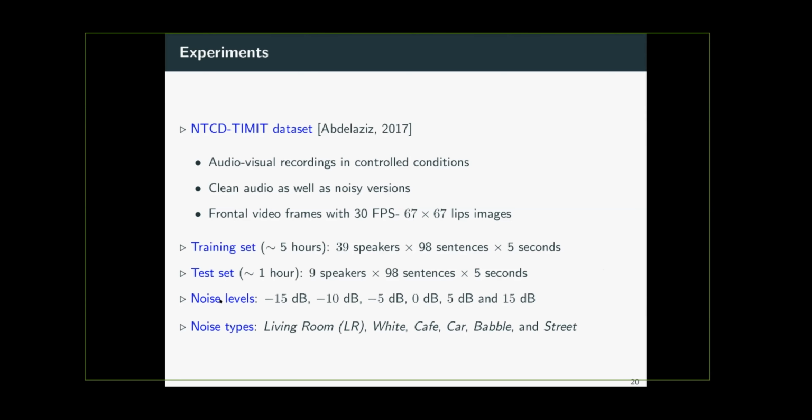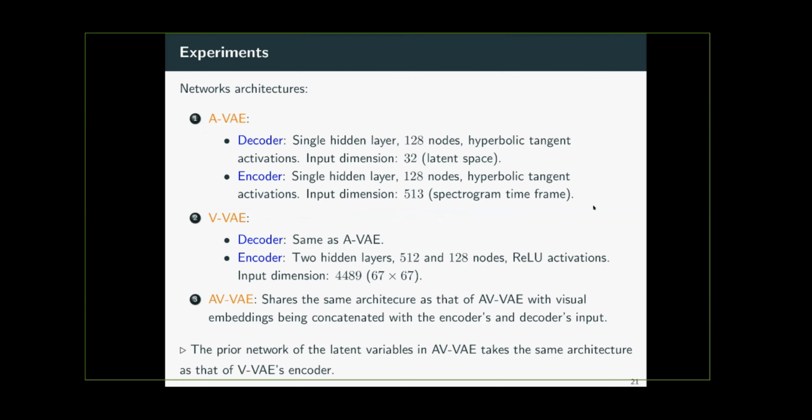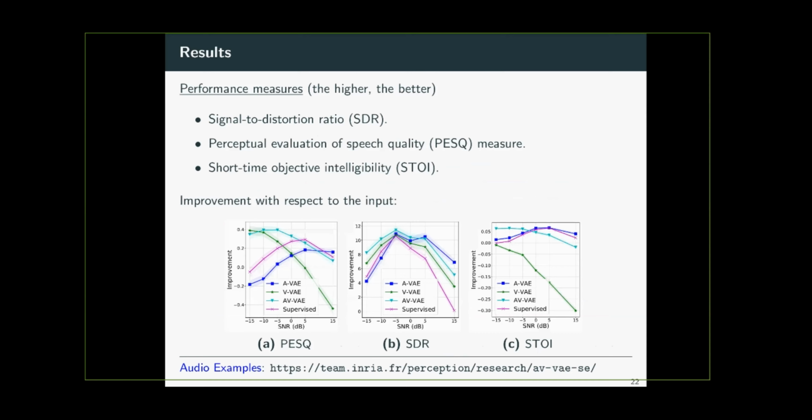And then what we do is consider different noise levels and also different noise types. Okay, so here you have some details on the architectures, but I'll skip this for the sake of time. Once again, you have all these in the manuscripts available online.